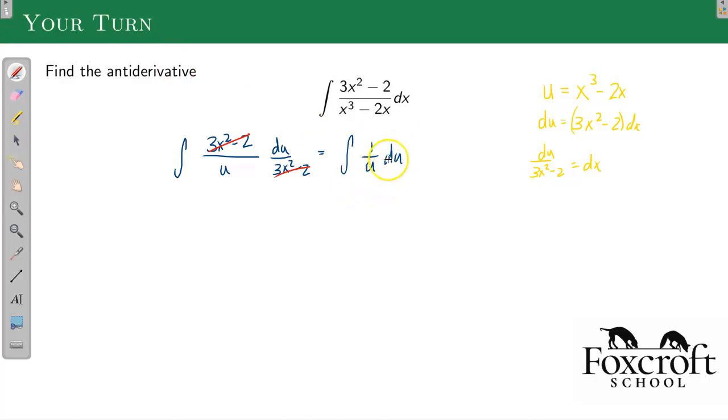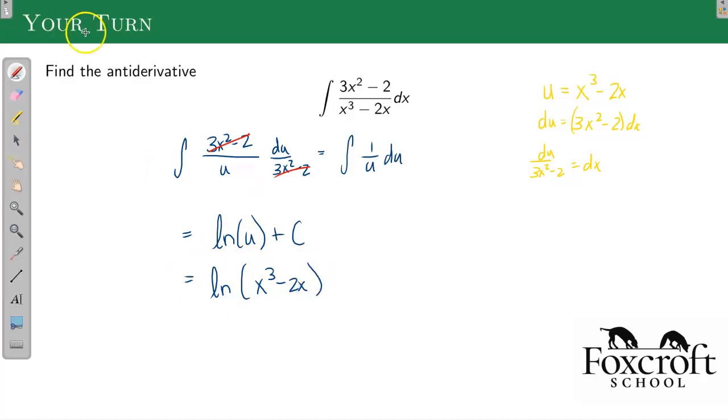And this is the reason why we're going to have to start thinking about what to do when we can't really recognize how to do an antiderivative. What about just making the bottom u? Because if we make the bottom u, we get 1 over u. And the antiderivative of 1 over u is just the natural log of u. And that's the natural log of x cubed minus 2x.